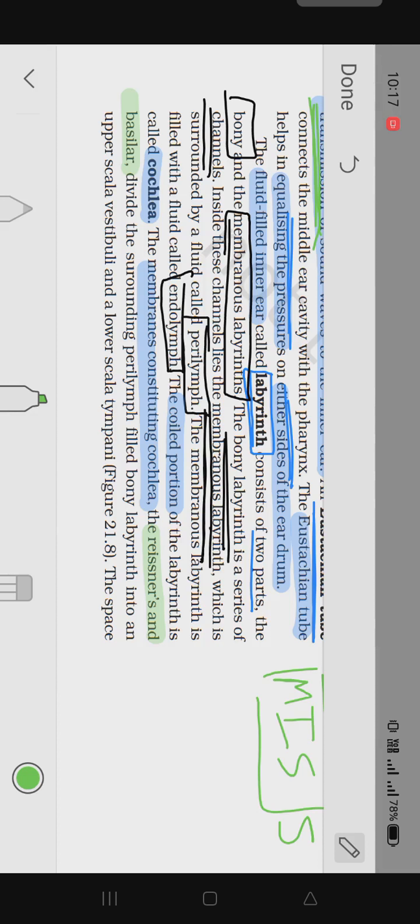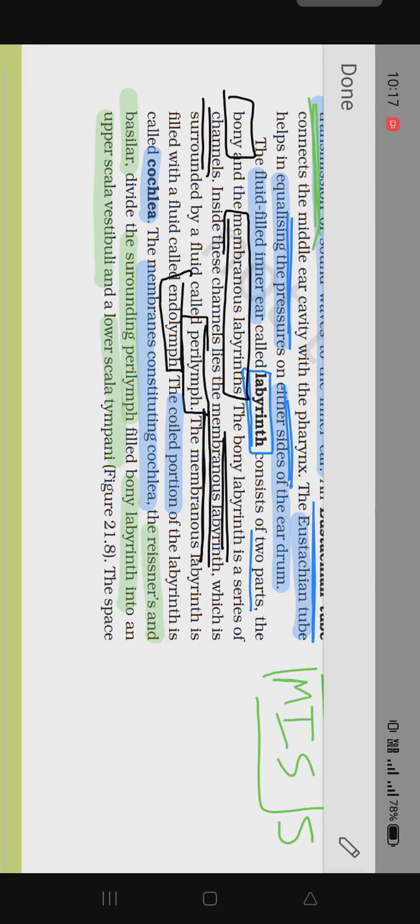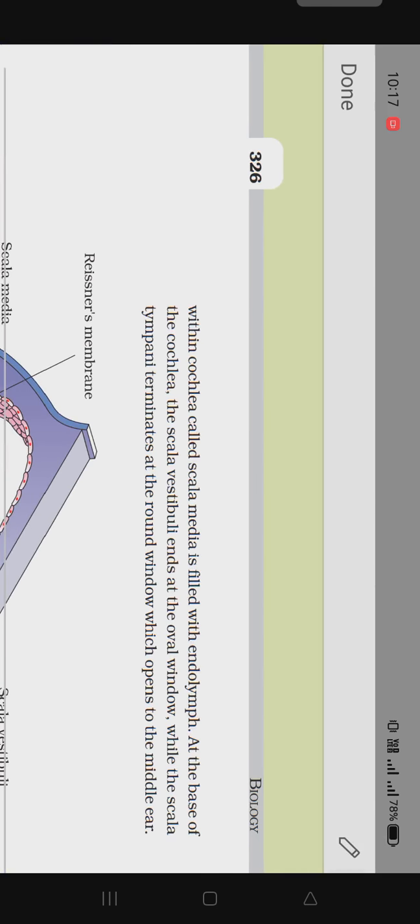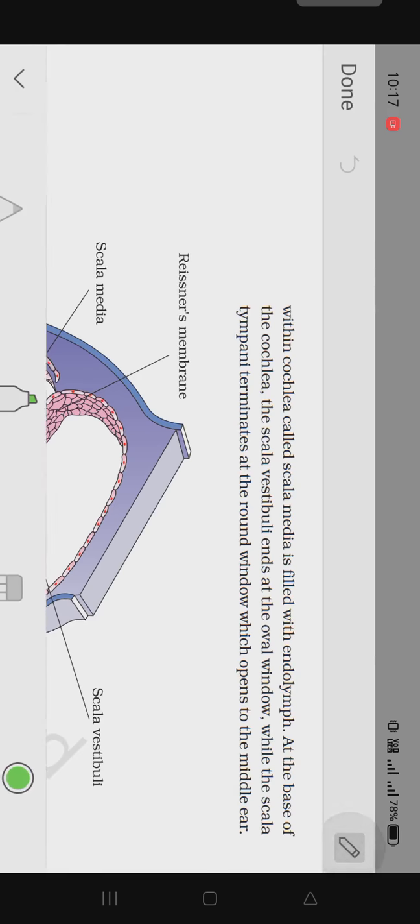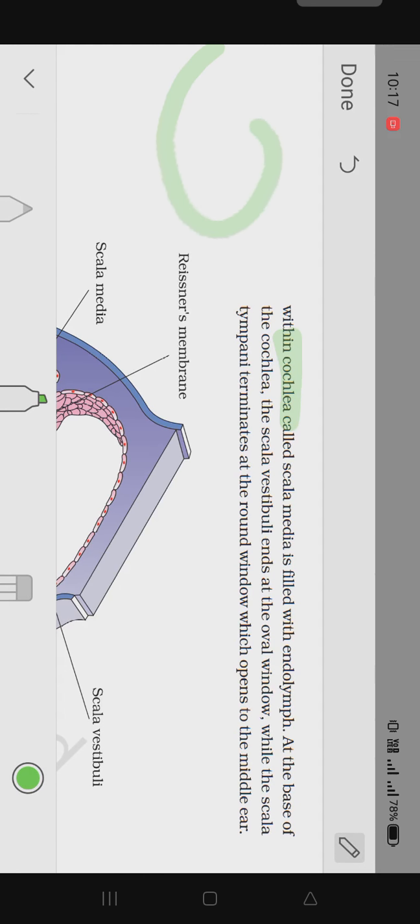See, the regions above and below the basilar membrane that surround the perilymph are filled with perilymph. We understood this: upper scala vestibuli, lower scala tympani. We don't need to study this much right now. The cochlea is the rounded, snail-like portion. Within the cochlea, we have the scala media, which is filled with endolymph, and its boundaries are the membranous labyrinth.